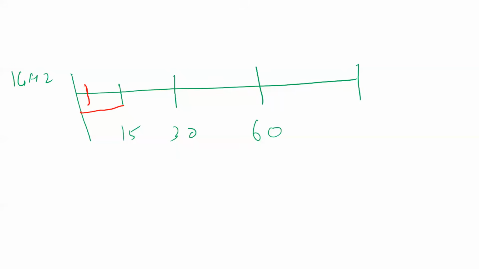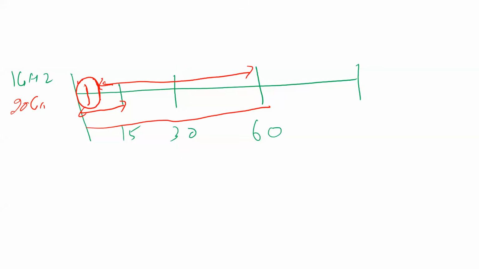So only a small amount of the symbol is affected by Doppler effect, that's fine. But in case of 20 gigahertz, a large amount of area is affected by Doppler shift, and it may not be efficient. But in case of 30 kilohertz or 60 kilohertz, you can see that only this amount of area is affected by Doppler effect. So this amount is left, that is a good amount of symbol.